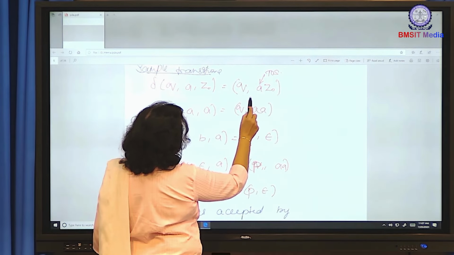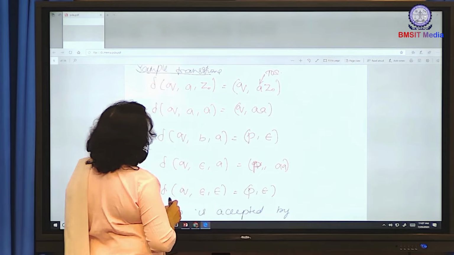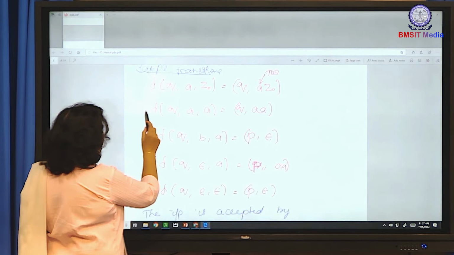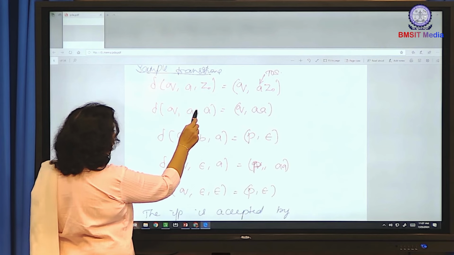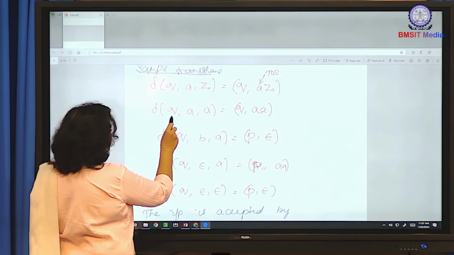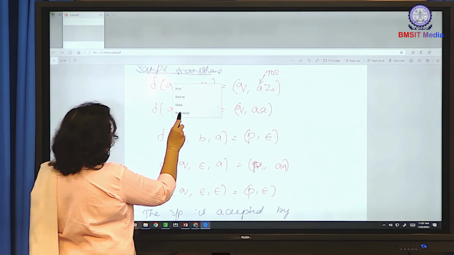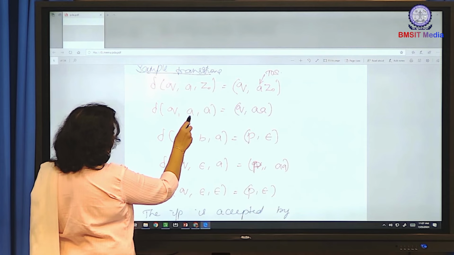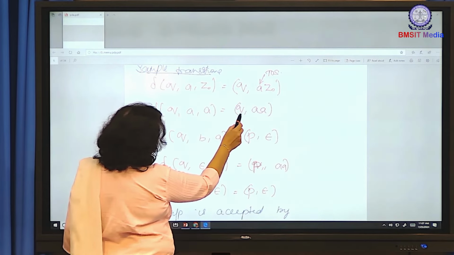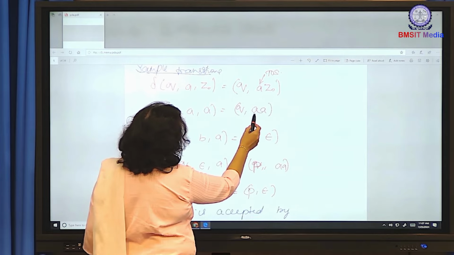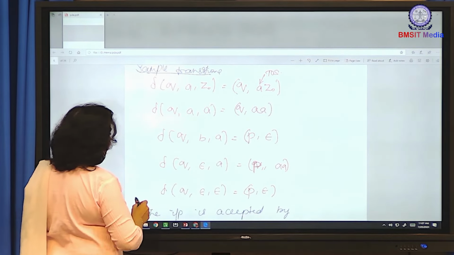So this a would be the top of the stack. Let's see the second transition, delta of (q, a, a). It means when we are in state q, on reading the input symbol a, when the top of the stack is a, we remain in state q and push a onto the stack.